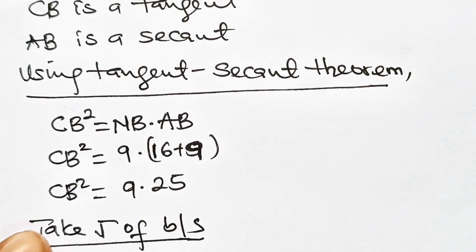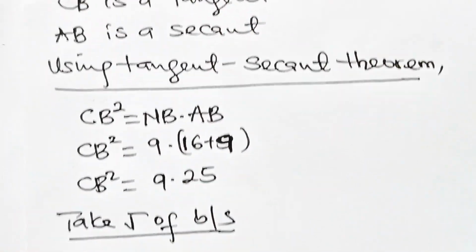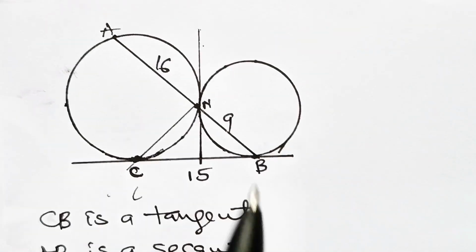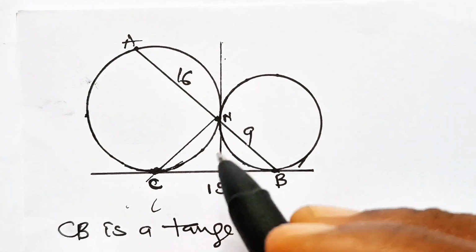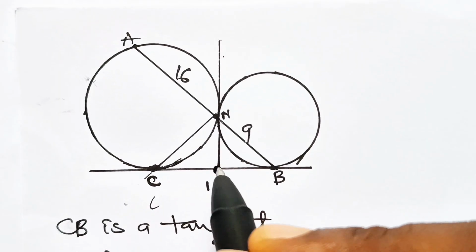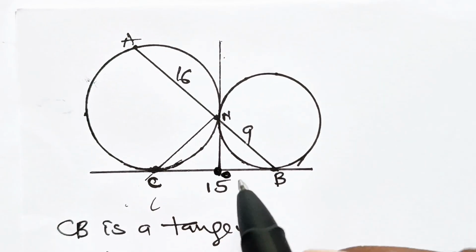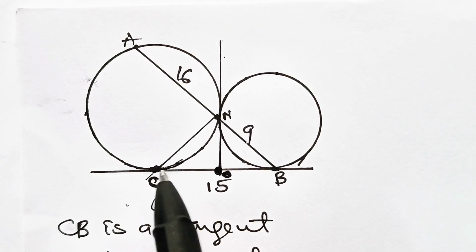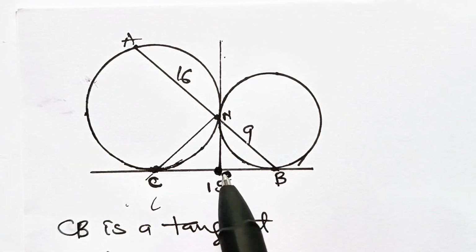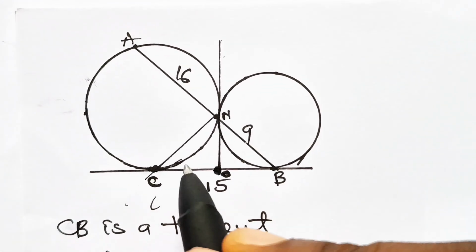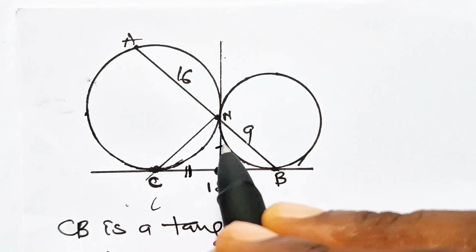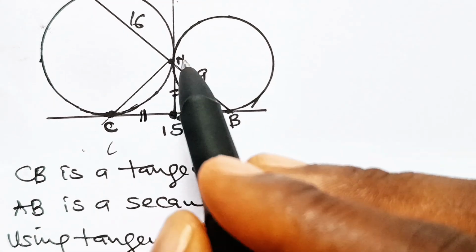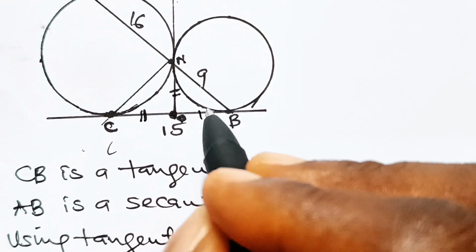So that simply means that, looking at this from here, if we call their point of intersection O, you can see that O is the external point and CO and NO are tangents. So this means that CO should be equal to NO. Similarly, ON should be equal to OB.